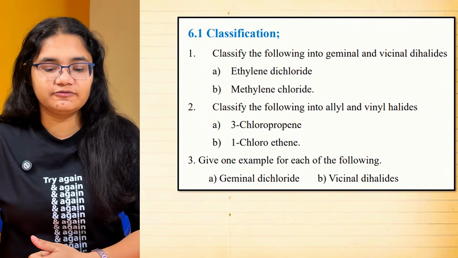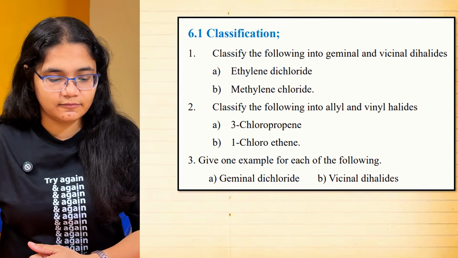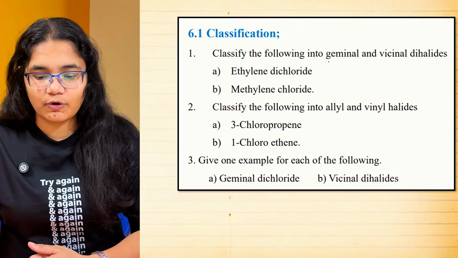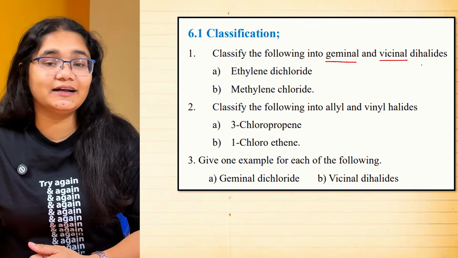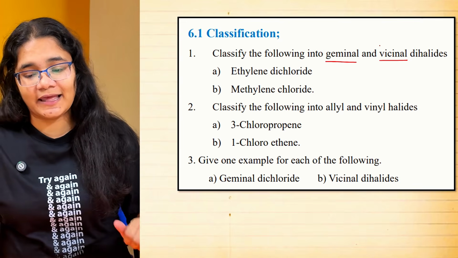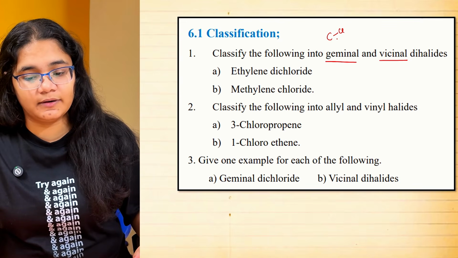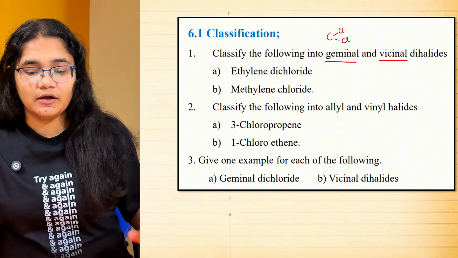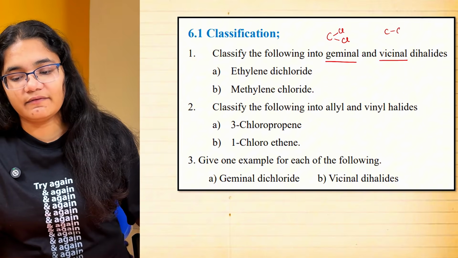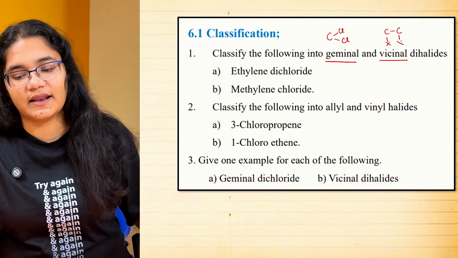The first question here is: classify the following into geminal and vicinal dihalides. Now what are geminal and vicinal dihalides? When you have 2 chlorines, or 2 X groups, present on the same carbon, we call it geminal. And vicinal is when you have adjacent carbons having X groups.